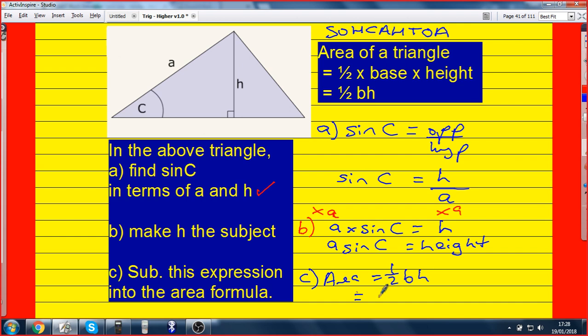What's the new formula for the area? Something else is missing. Well, we replaced H with A sine C. So what else have we got?